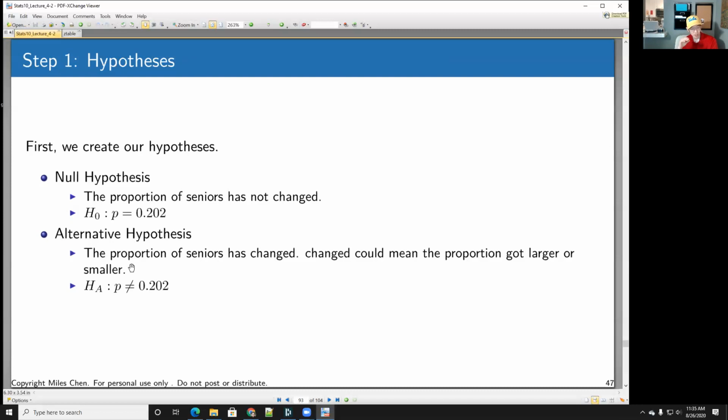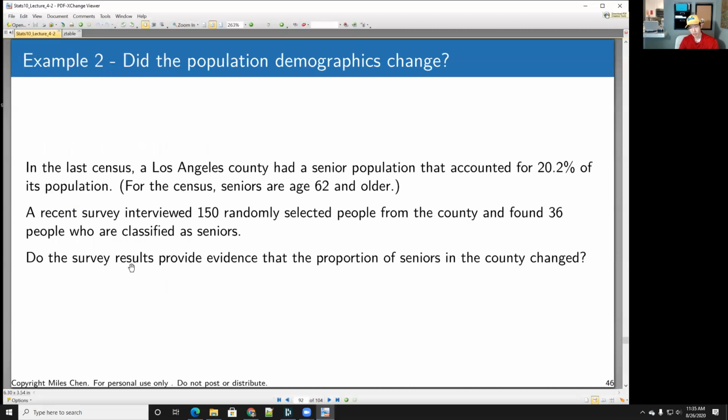We're going to say P not equal to 0.202. It would be interesting to us if the proportion of seniors got bigger, and also if it got lower. What we're checking is our data, which was 36 out of 150.